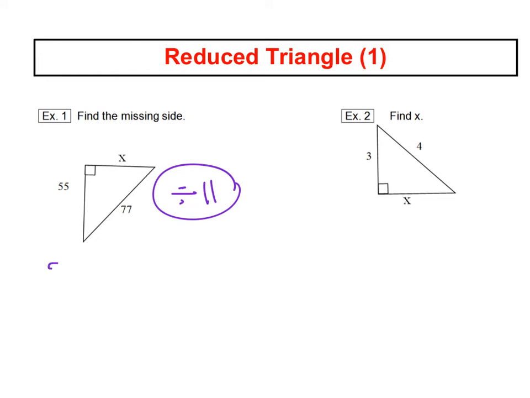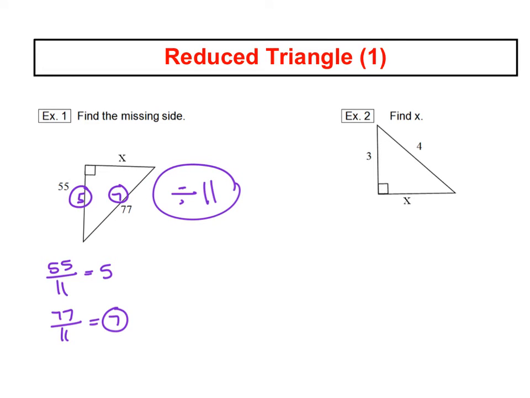So 55 divided by 11 is 5, so that's our reduced side. 77 divided by 11 is 7, so that is our reduced side. So, do we have a Pythagorean triple that has 7 for the hypotenuse?